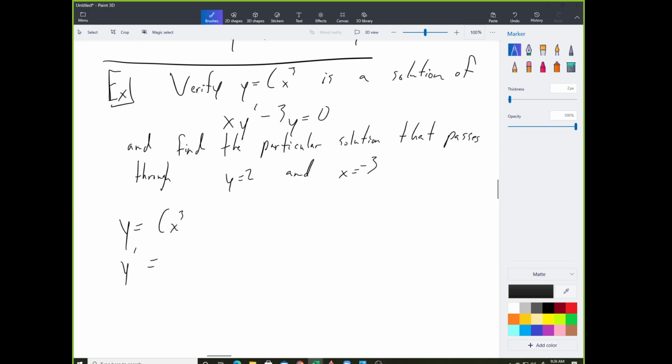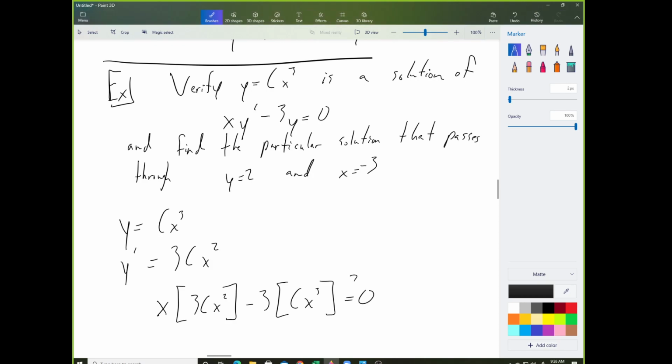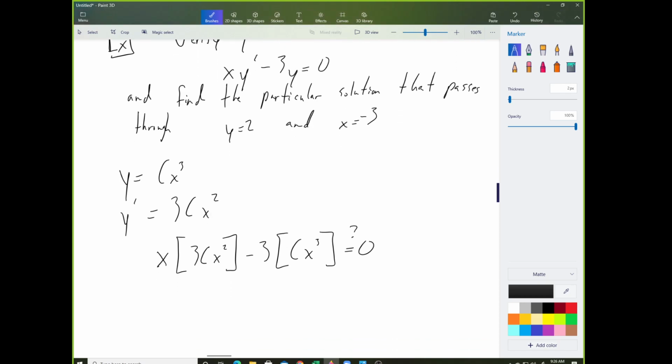Alright, so let's give this a try. If I'm going to take the derivative, then I'm going to bring that 3 down and subtract 1 from the power. And then in my function, I've got x times 3c times x squared minus 3 times c x cubed equals 0. And we want to check and see if it does.